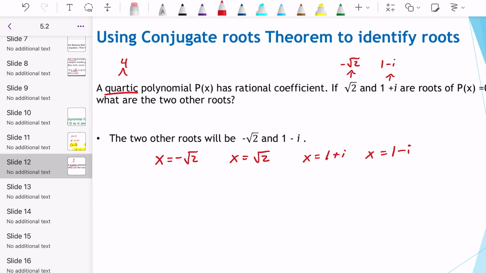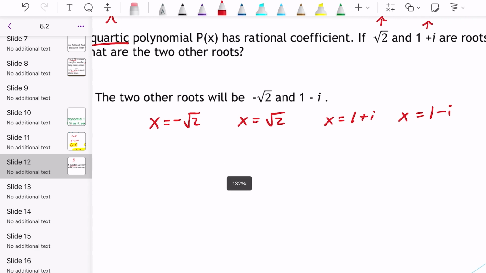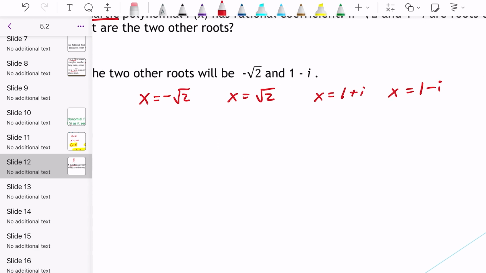If we were to go ahead and multiply to find our function, first we bring over all of our terms to the left-hand side.